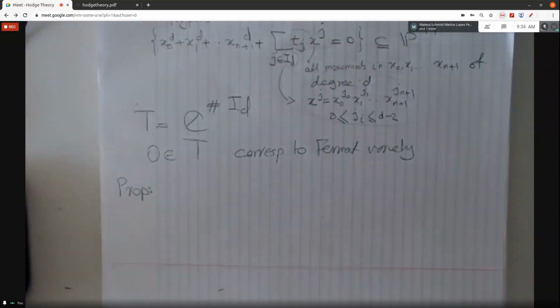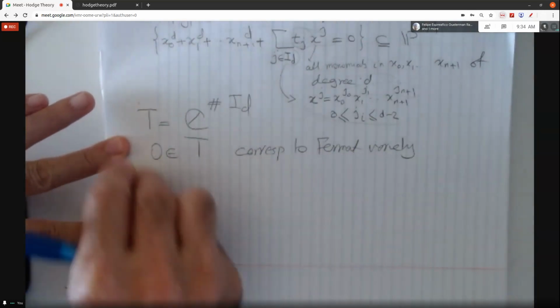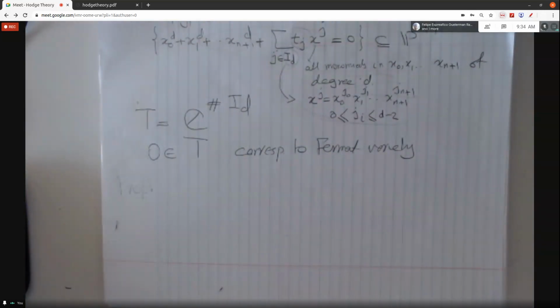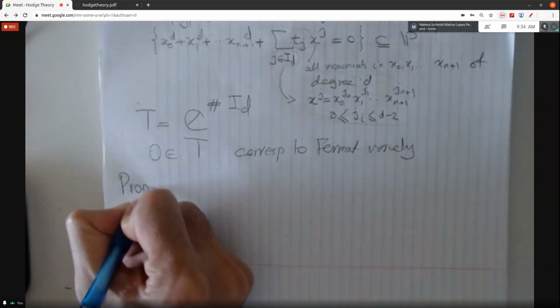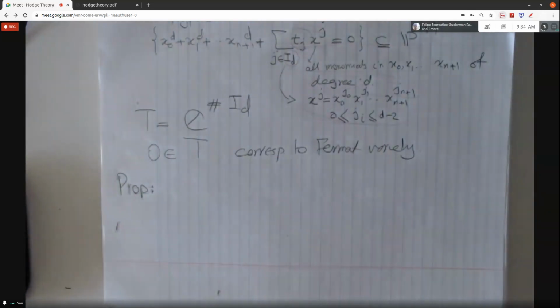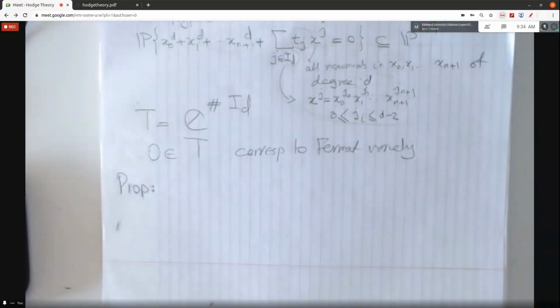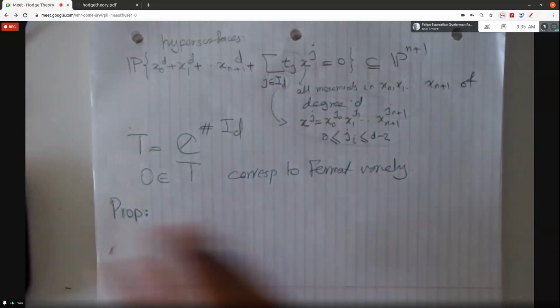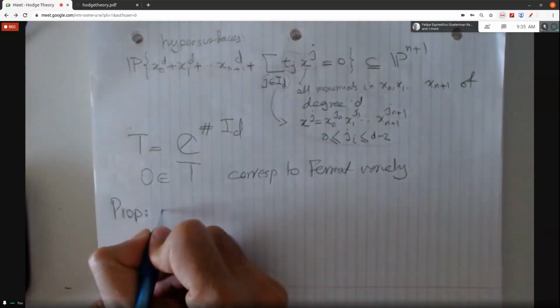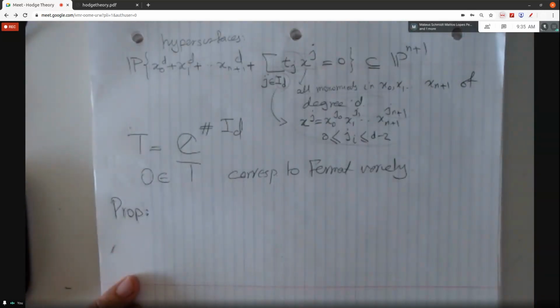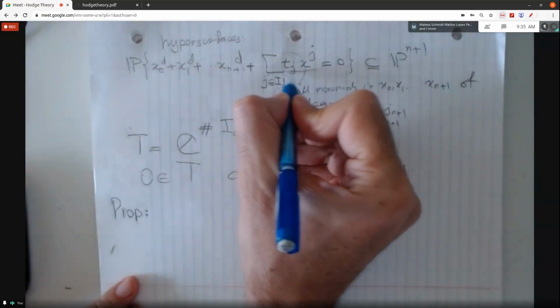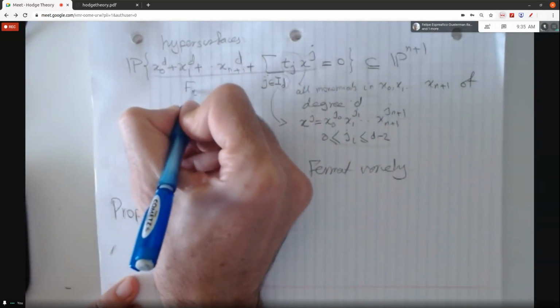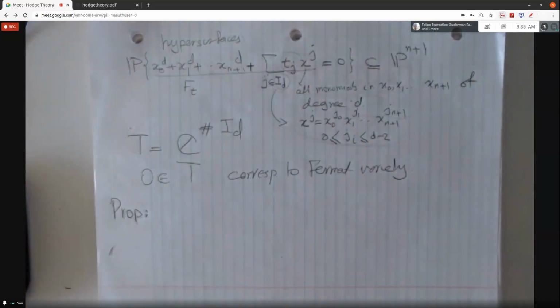Before going to this, I have to restrict to the affine variety. No, let's write first the proposition and then restrict to the affine chart. So here we have the projectivization of this one. Maybe one notation: let me call this polynomial ft. So f0 is the Fermat polynomial.